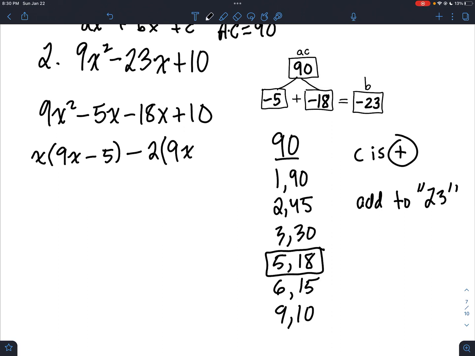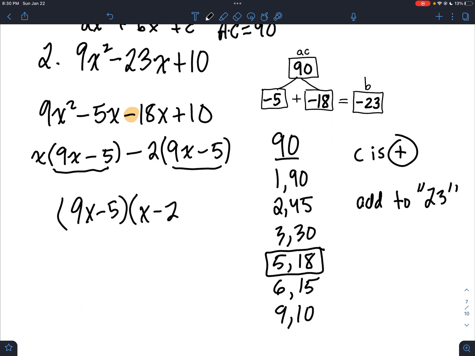And look, I automatically do it without even saying it, but remember the factoring by grouping video says if you have a negative on the third term, you need to take out a negative as well, or else it won't match. So that's why I took out a negative 2 and not a 2, because it guaranteed that these match, because those match and they come out, right? And you get this.